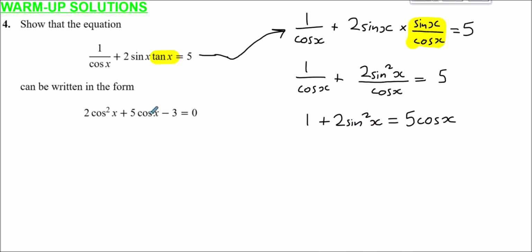But if you notice, our target has no sine terms in, nor any sine squared terms in. So we need to remove this sine squared x. And at this point, it's worth remembering that sine squared x plus cos squared x will always equal 1. That's a powerful trig identity. So in other words, sine squared x is the same thing as 1 minus cos squared x.